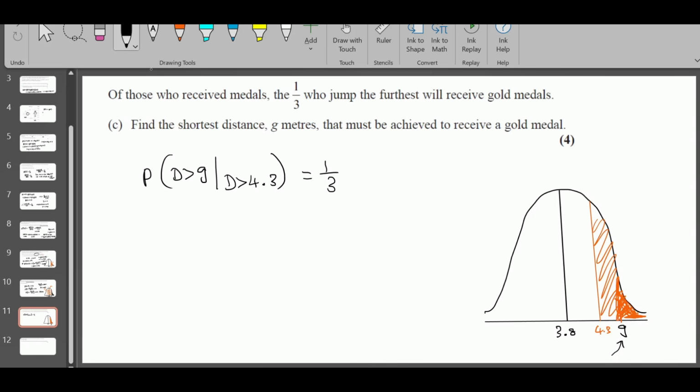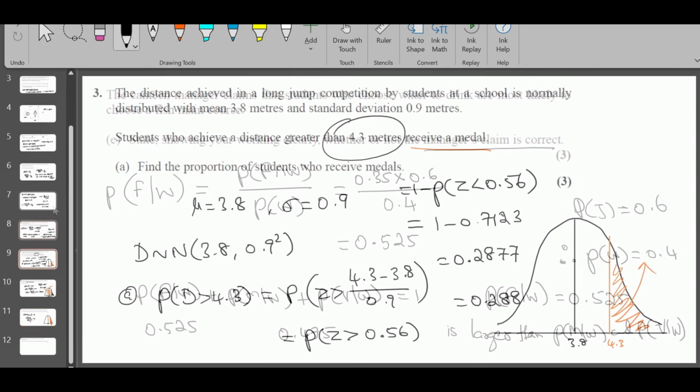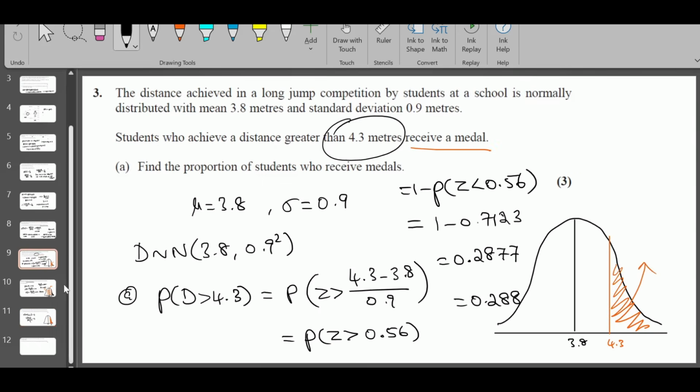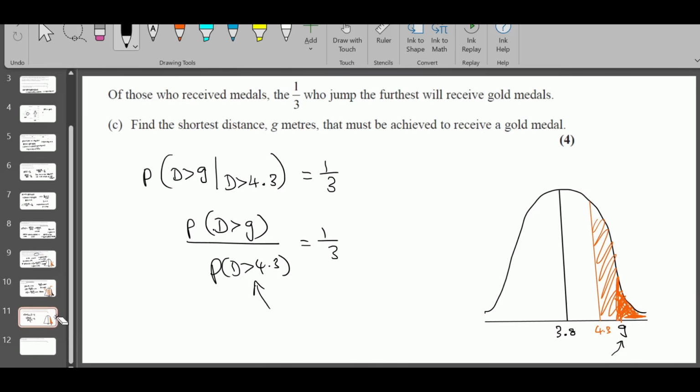Apply the conditional probability. It should be more than 4.3 and more than G. So the intersection is more than G, divided by P of D is greater than 4.3, is 1/3. We know the probability of this already, right? We have calculated it here, which is 0.2877. So bring the 0.2877 this side.